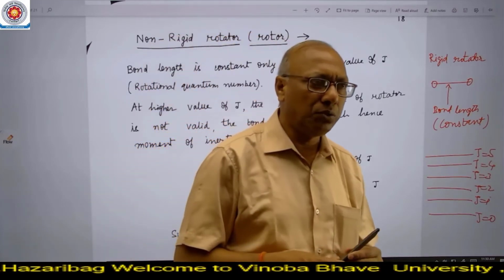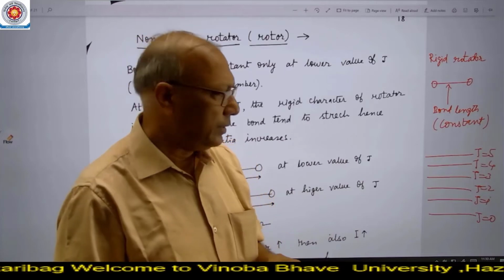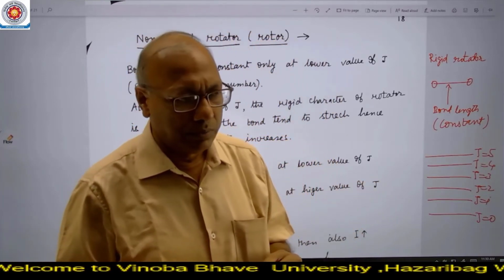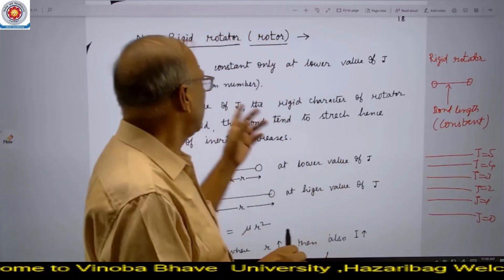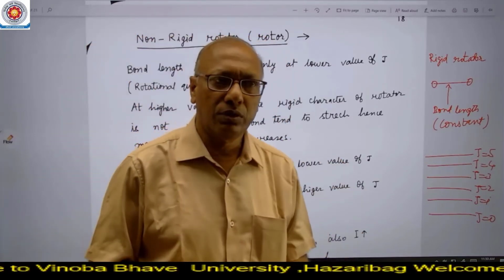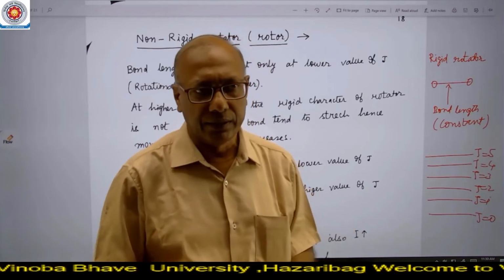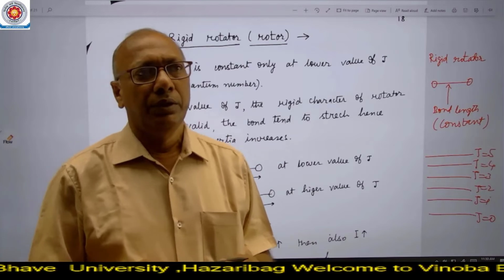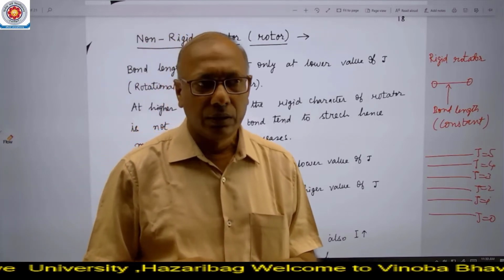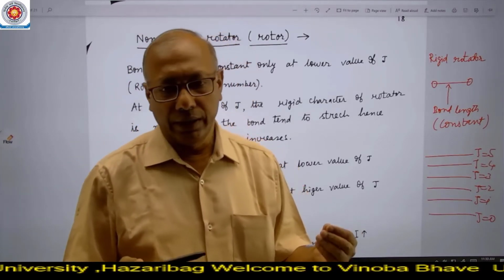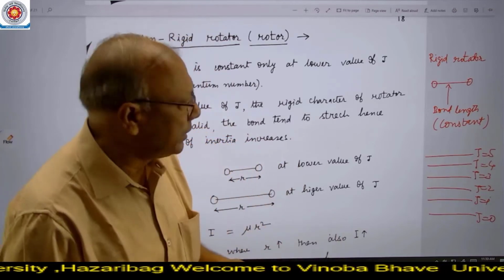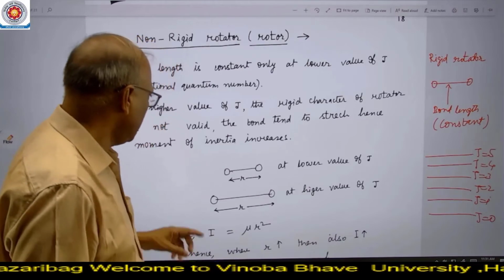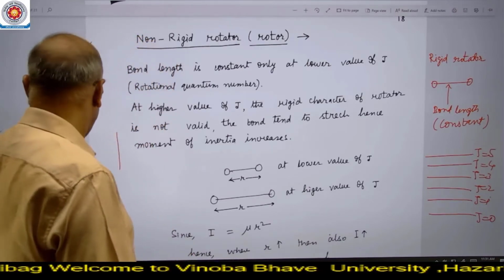But when the rotation is fast, there is a stretching in the bond length, and the character of rigid rotator is not fulfilled or not valid. And in this case, when the rotation is fast and the bond length is not constant, it is called a non-rigid rotator.